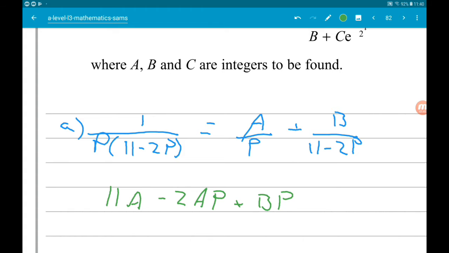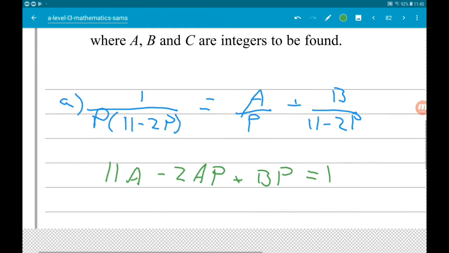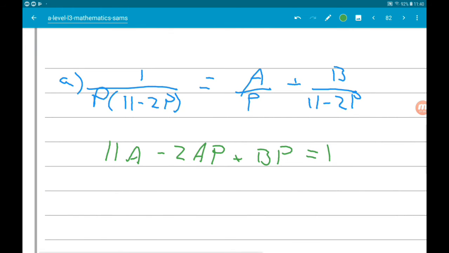The bottom would just be p times 11 minus 2p. We do know, however, that the top has to be equal to 1. So that means then that 11a has to be 1, so a is 1/11th.